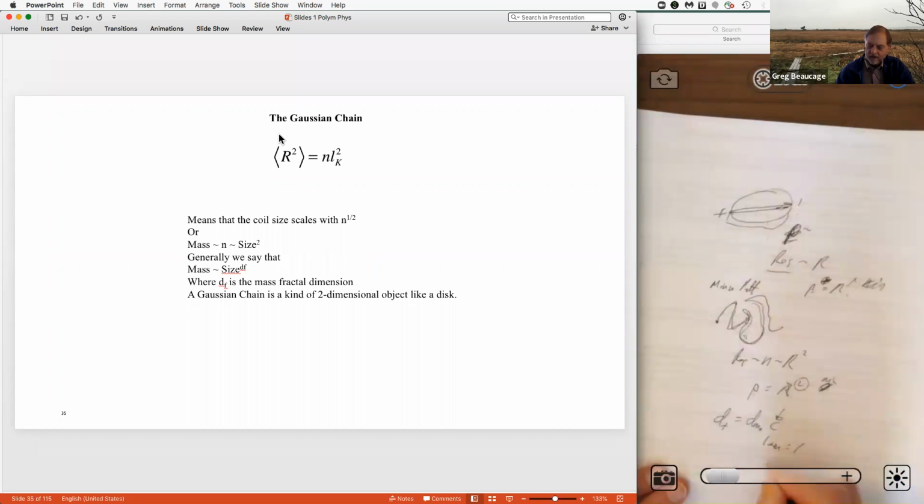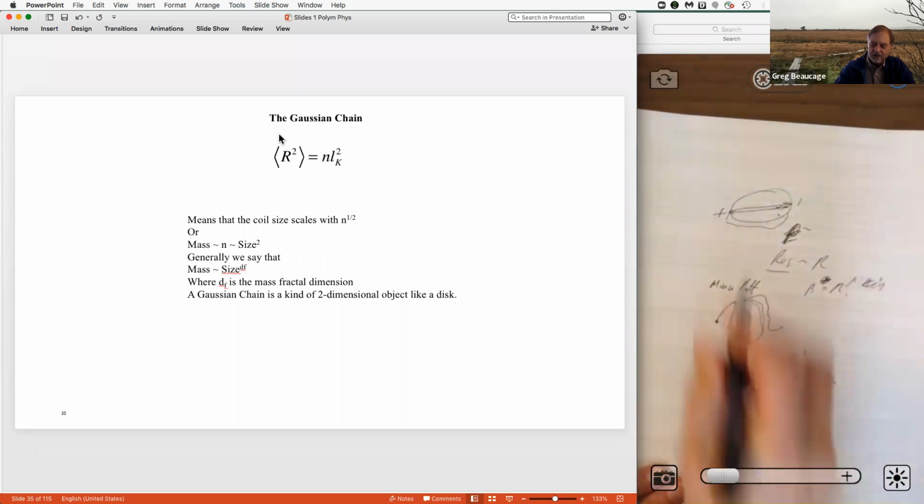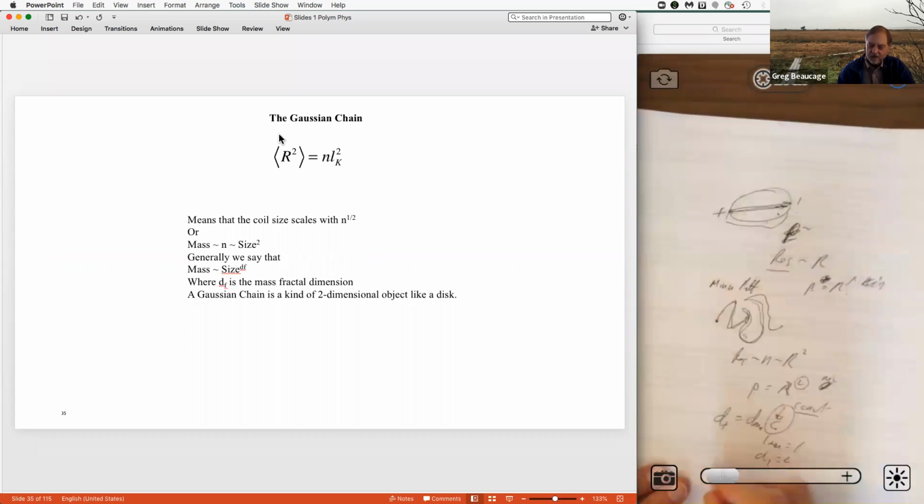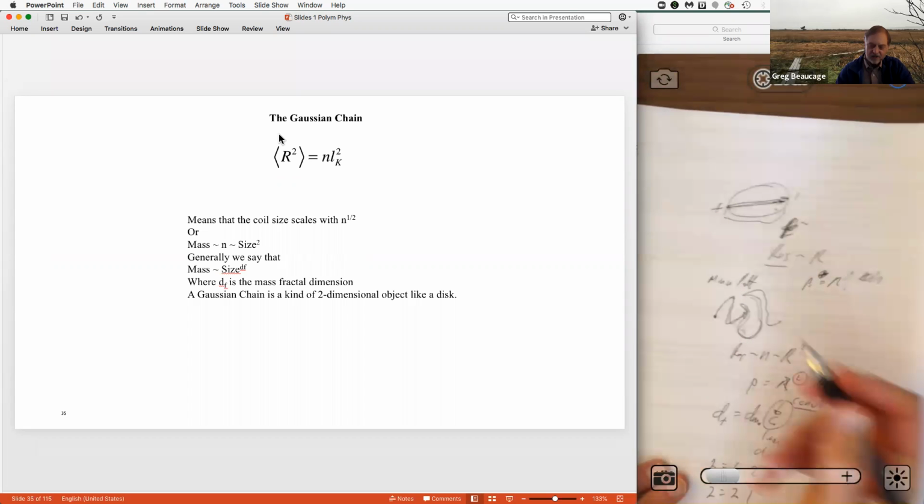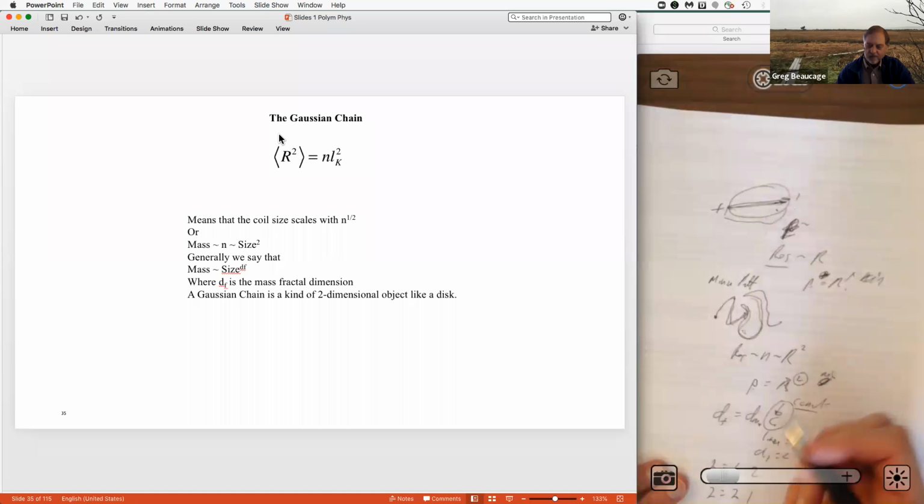And the disk is 2 because it's two-dimensional. This C is a connectivity dimension. It tells you what the thing is. So if you take a sheet, C would be 2 here, and D min would be 1 because of the short circuit, and then DF is 2. And for a Gaussian chain, it's 2, and it's the opposite way around. The minimum dimension is 2, and the connectivity is 1 because it's essentially a linear chain.